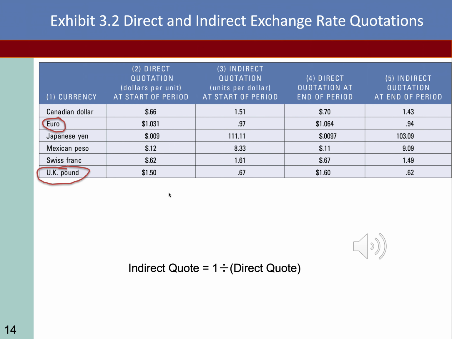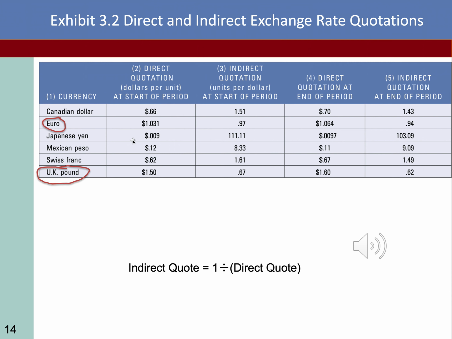Mexican peso, direct quote, 0.12 at the beginning, and ending with 0.11. So you know the price goes down. We say the Mexican peso goes down. But if you use the indirect quote, in most cases the indirect quote, 8.33 peso per dollar, ended with 9.09 pesos paid for the Mexican peso. It's going up.